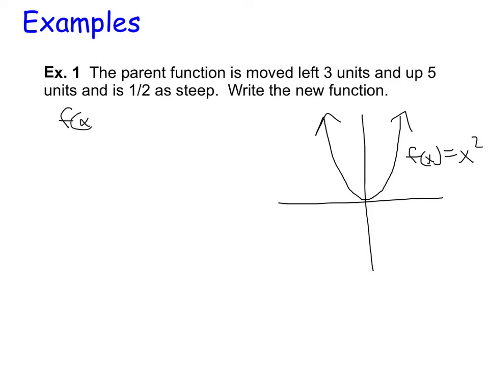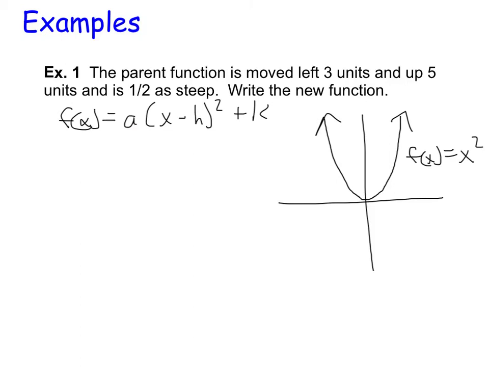If I say f of x is equal to a times the quantity x minus h, quantity squared, plus k. Now, remember, the h moves it left or right, the k moves it up or down, and the a value is what makes it wider or narrower.